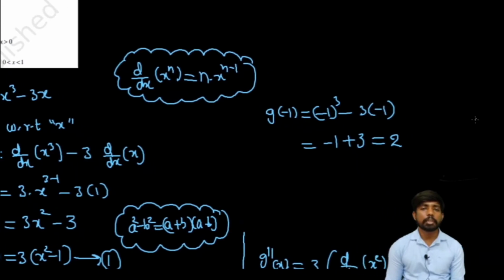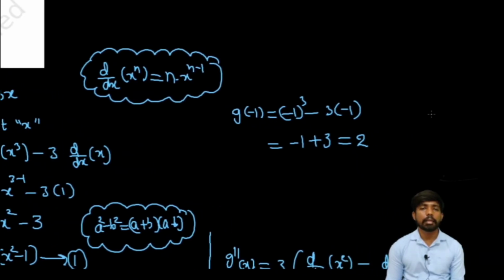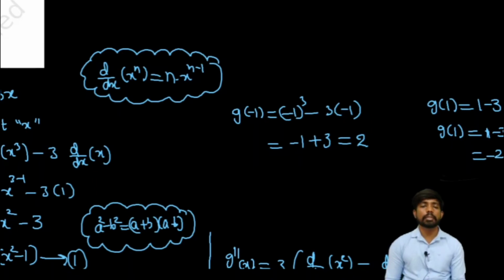Next, substitute 1 in the place of x. So g of 1 is equal to 1 minus 3, which is minus 2. This is the minimum value, and this is the maximum value.